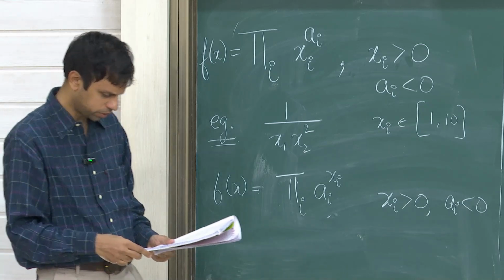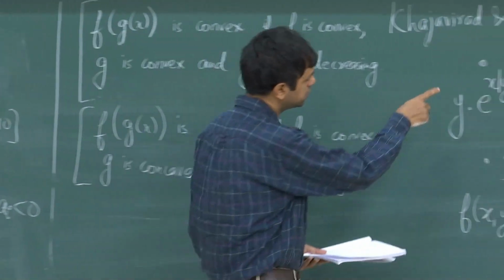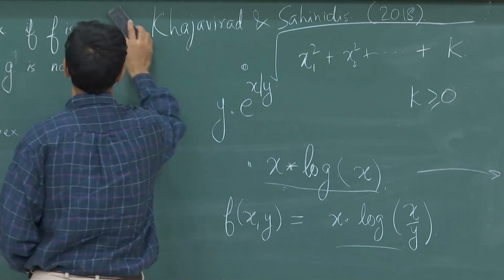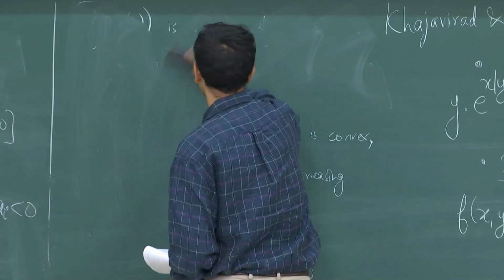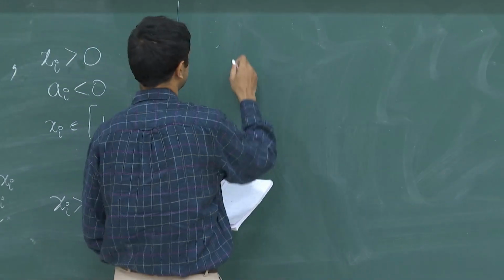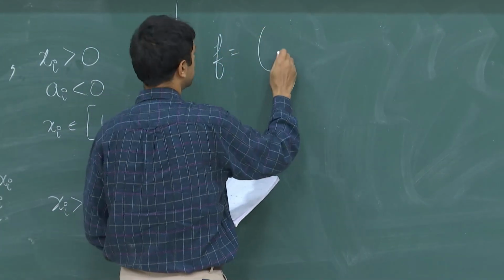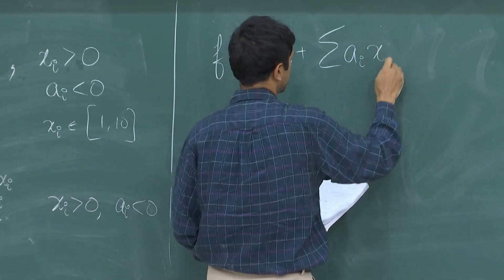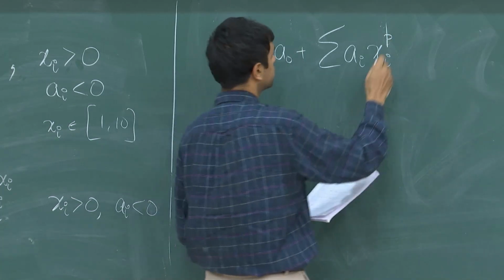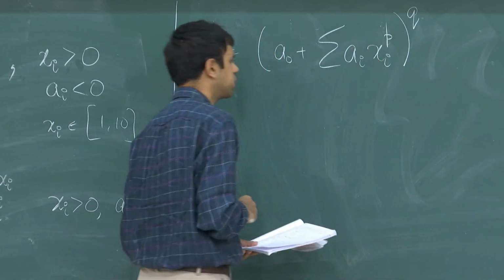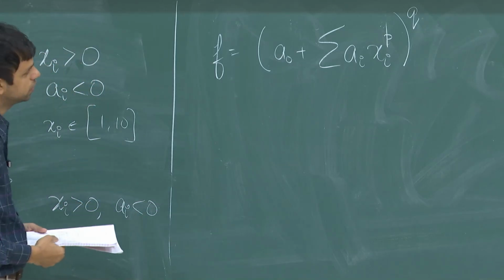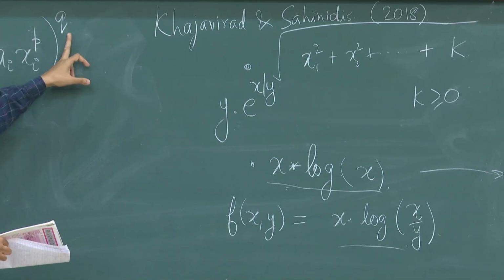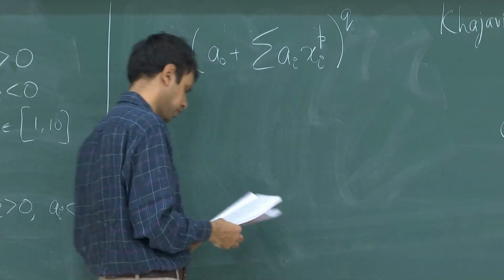We already talked about these types of norms. A similar form which is usually convex is f equal to a naught plus summation of ai xi to the power p, raised to the power q. In this example, q is half and p is 2.